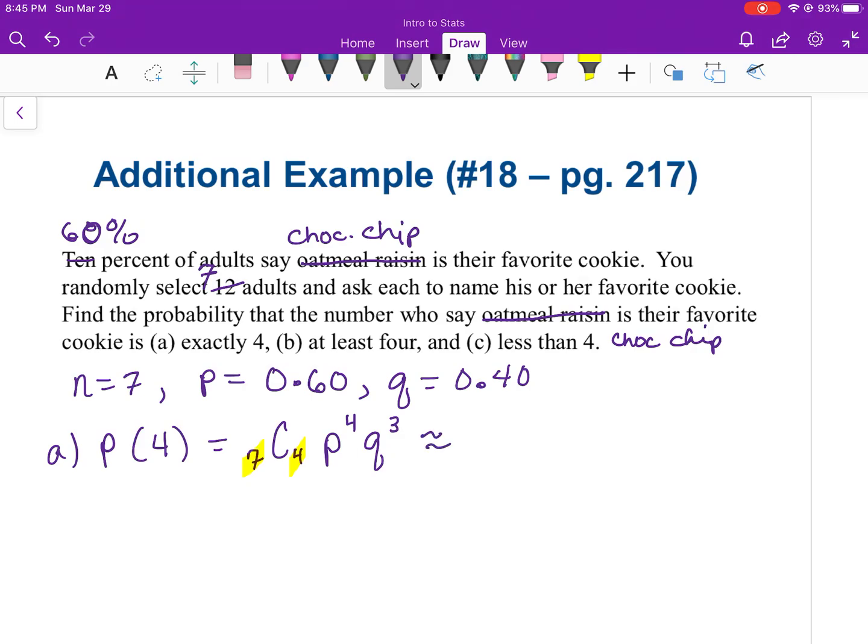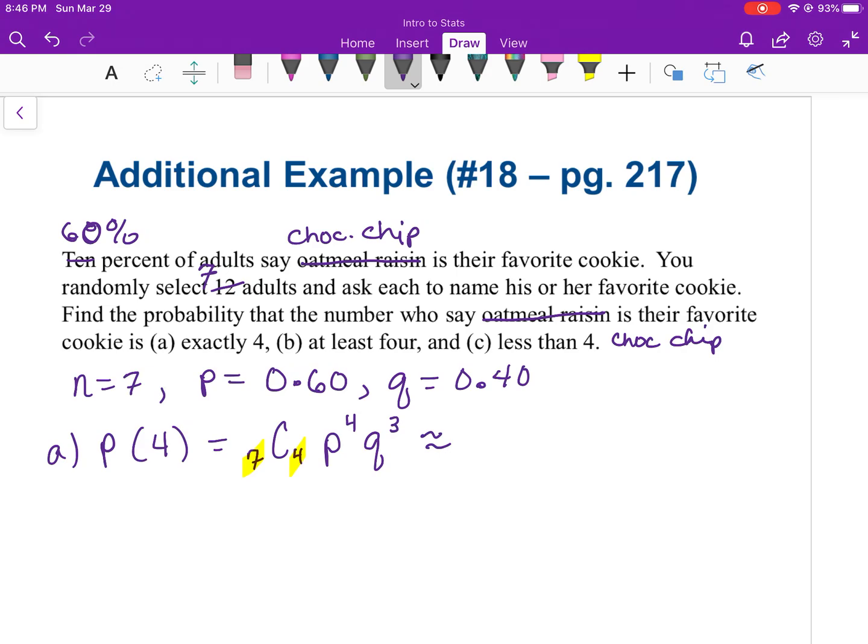Okay, bear with me while I get mine going here. So 7, let's see here, math, nope, 7, probability 3, 4.